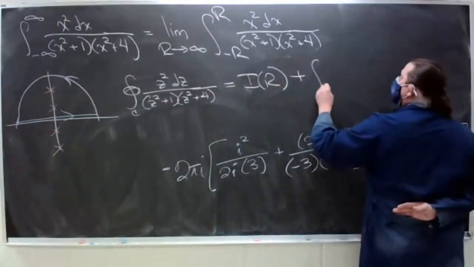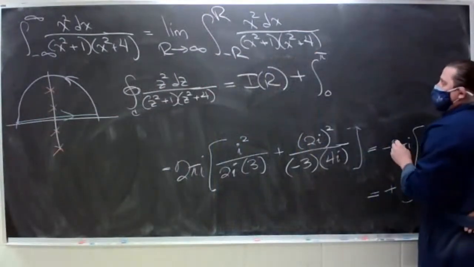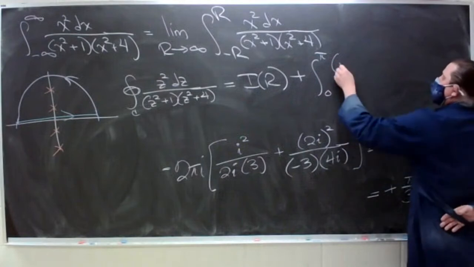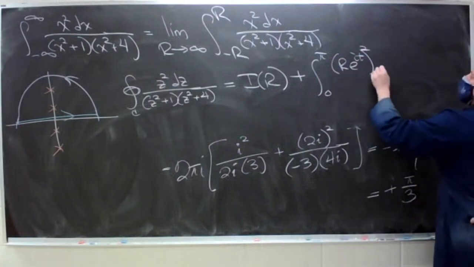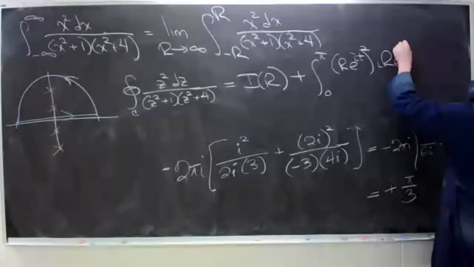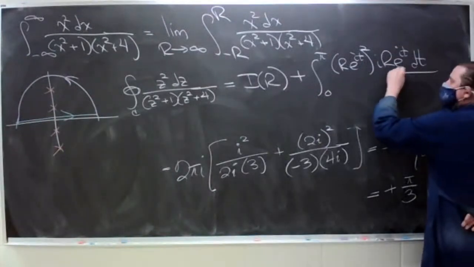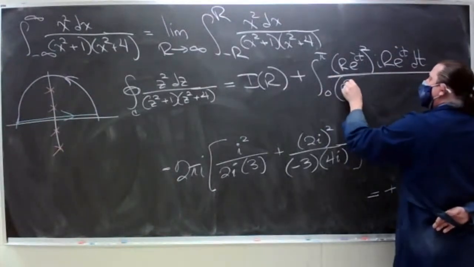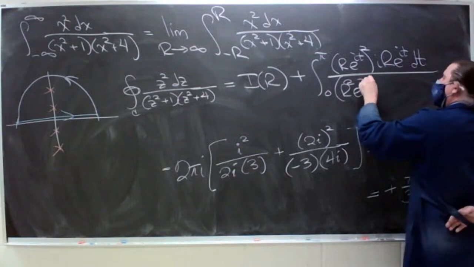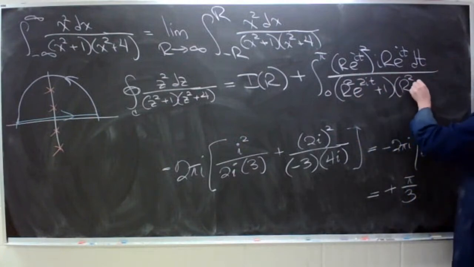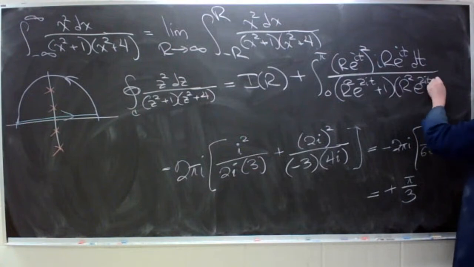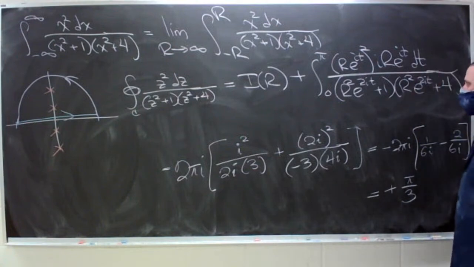So that's going to be the integral from 0 to pi, where z is R e to the it, and we'll have that.